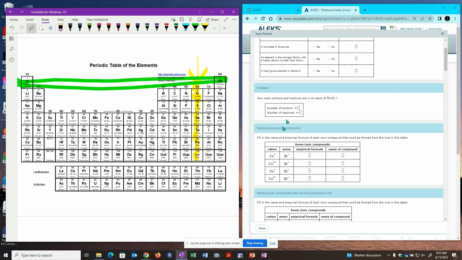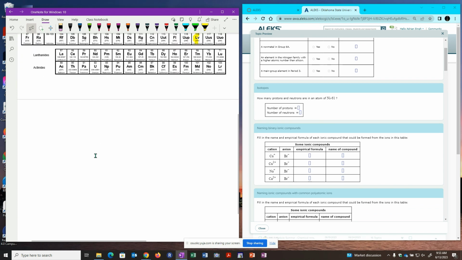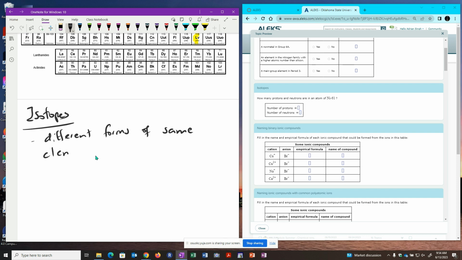All right, the second one looks at isotopes. And isotopes, remember, are different forms of the same element. What makes them the same element in the first place is that they have the same number of protons.